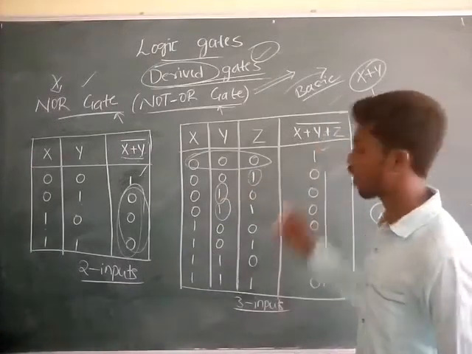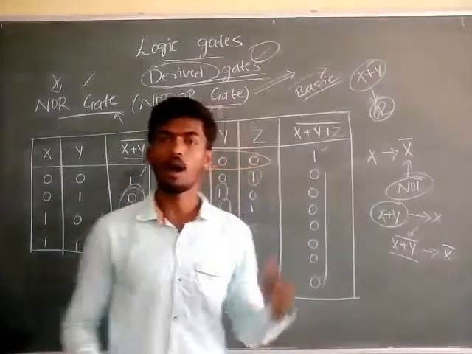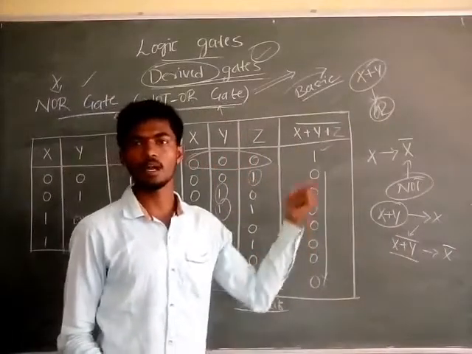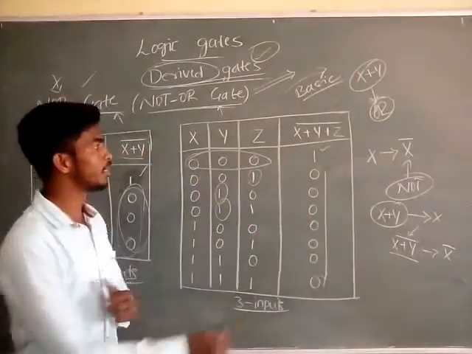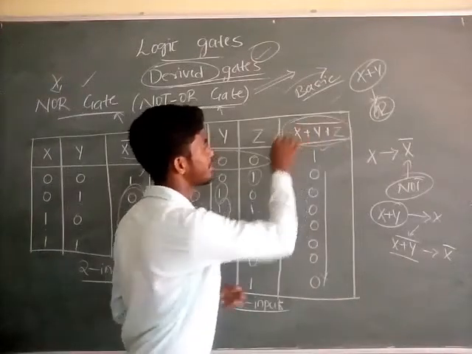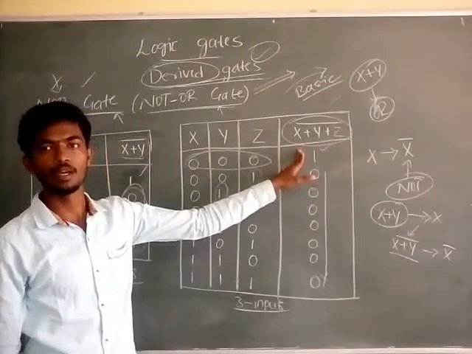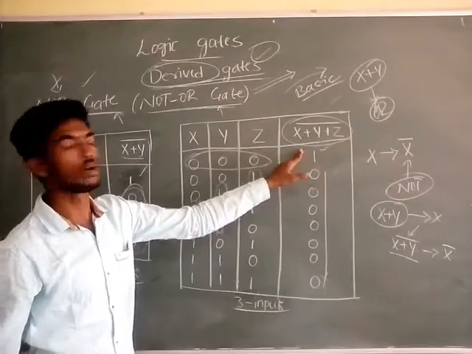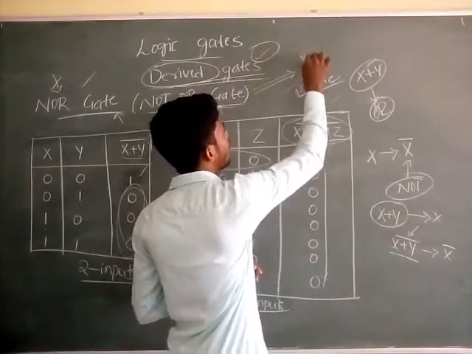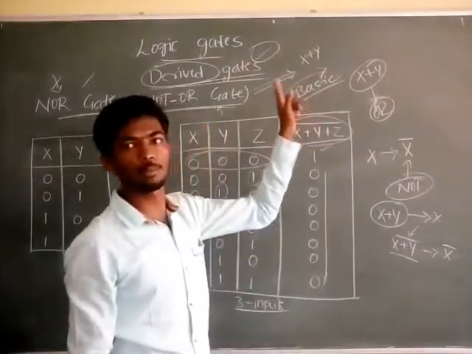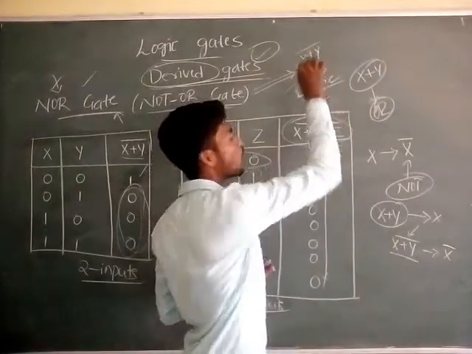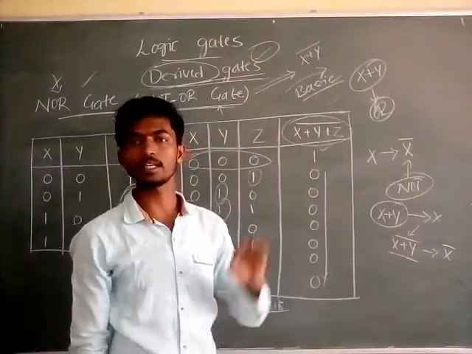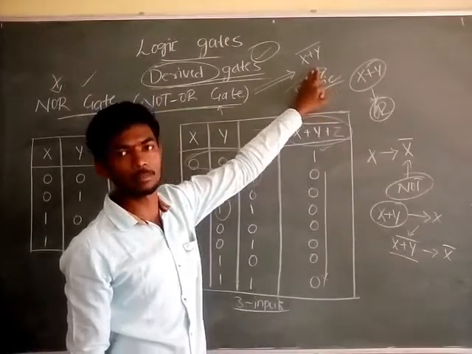This is about the NOR gate operation and its truth table. You have to observe the representation of the result: (X plus Y) whole complement, when two inputs X and Y are there.